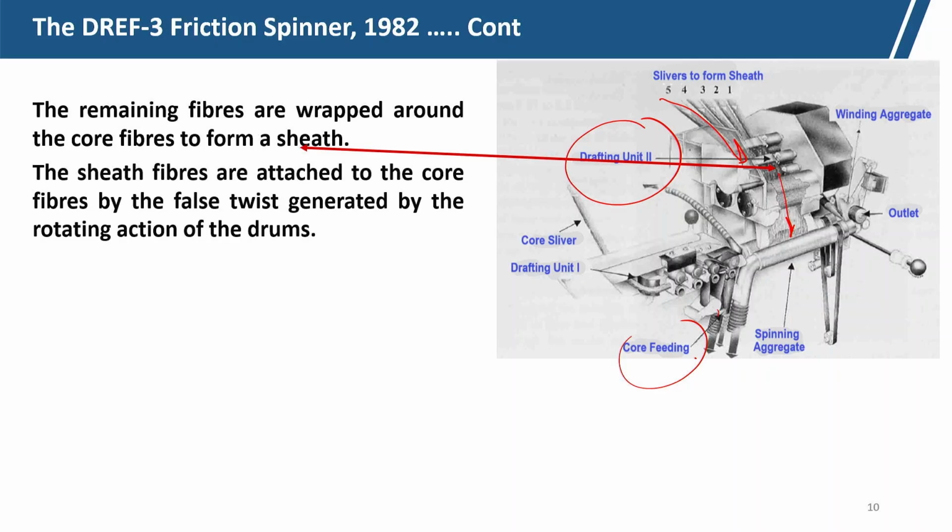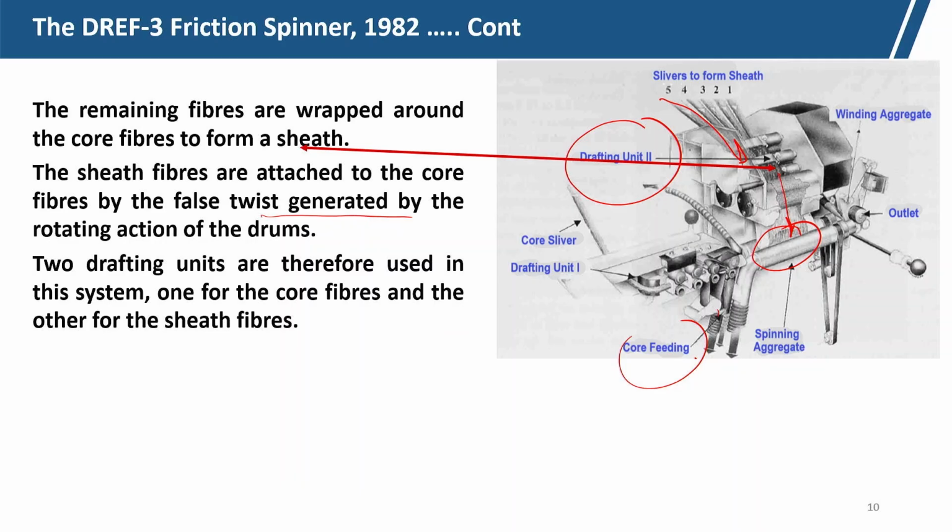These sheath fibers are attached to the core fibers by false twist generation here. The false twist generation will be there on the core portion, but the sheath will be simply wrapped around that.